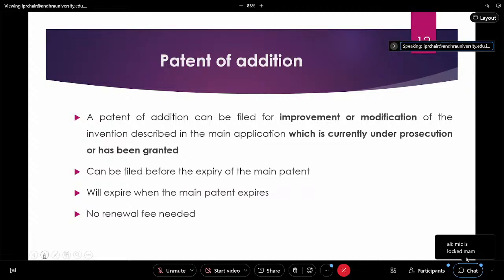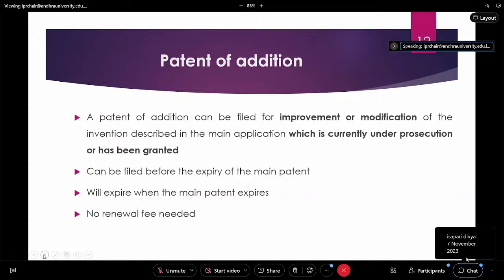So if you have filed one patent application in the Indian Patent Office that has not been granted, or maybe has already been granted, but you have found out some more modification and improvement in your invention, in that case, you can file for patent of addition till your term is over.